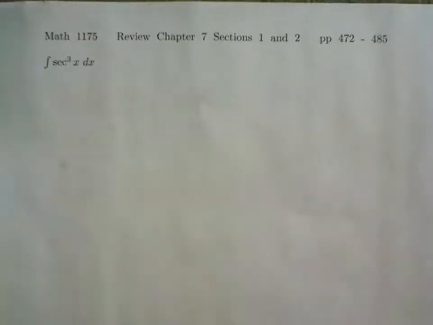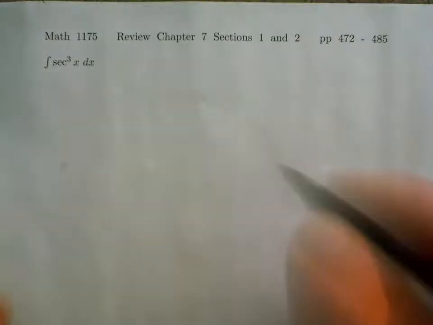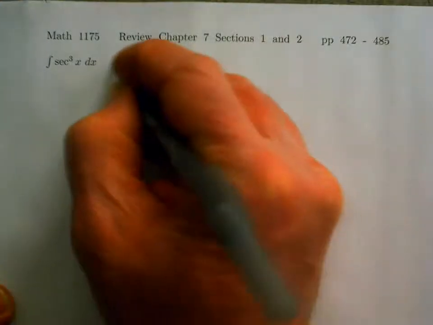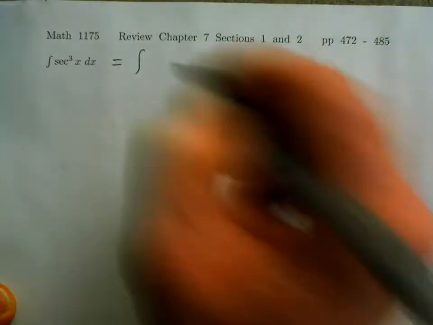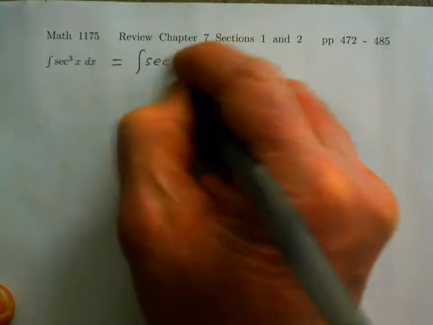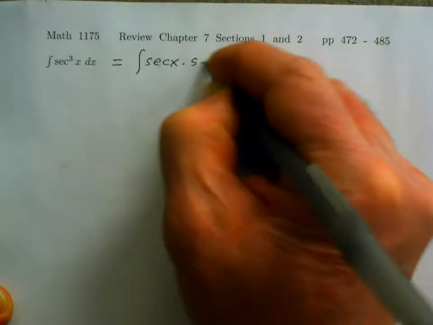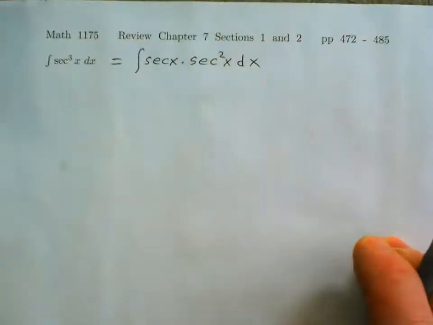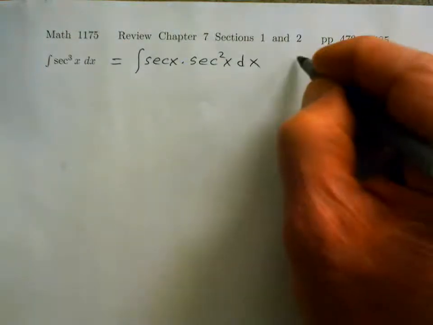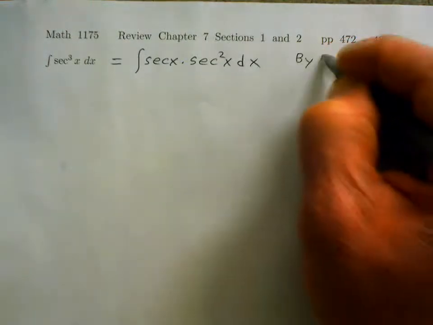So the indefinite integral of secant of x to the third. So in this one, we rewrite secant of x to the third as secant of x times secant of x to the second dx. And then we integrate by parts. For short, I'll just write by parts.